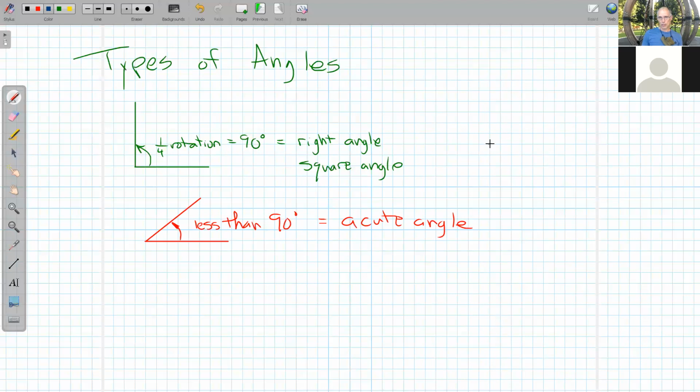And if we have an angle that's more than 90, so like this one right here, this would be an obtuse angle.